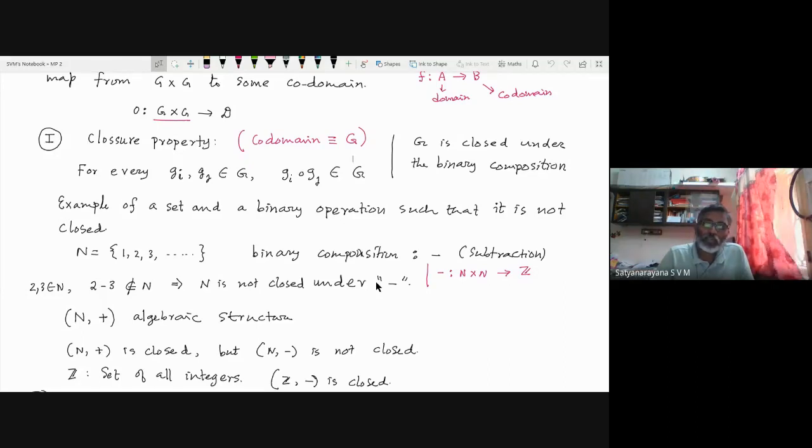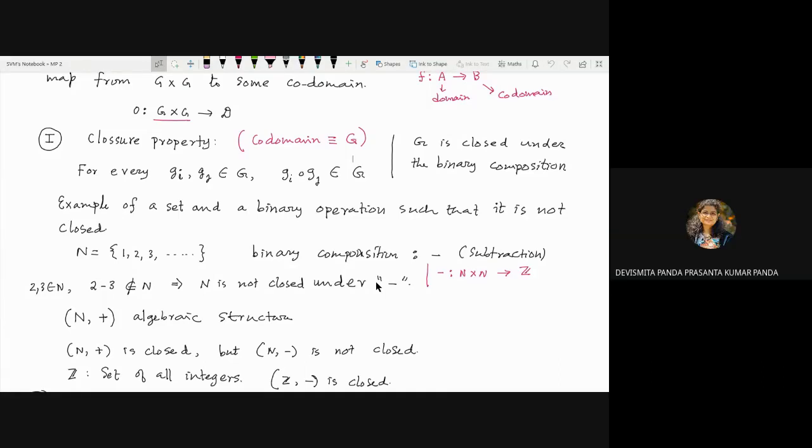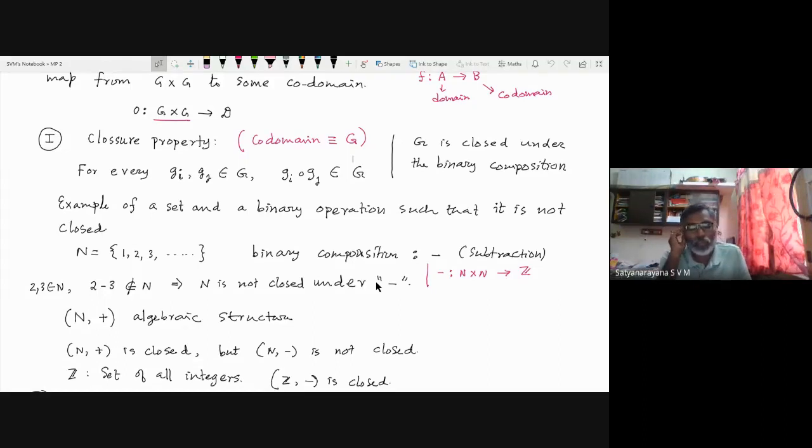If it is not closed, then the codomain will not be same as the set itself. Okay. So, sir, codomain is basically the range of the function. I mean, I was familiar with the word range. Correct. Right now, you can say that there is no difference between these two. Okay, sir.